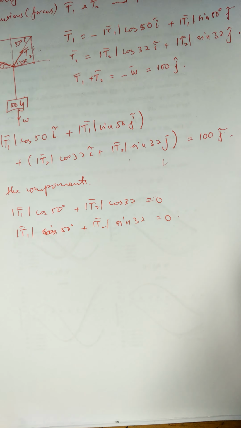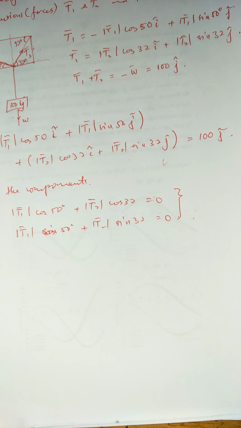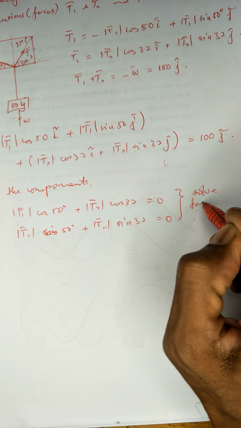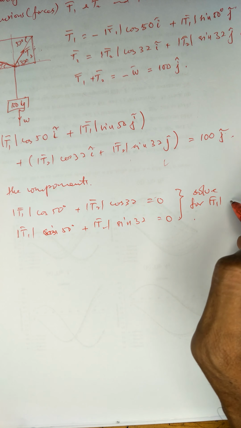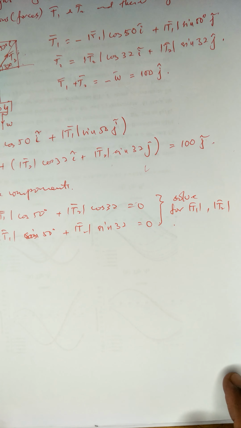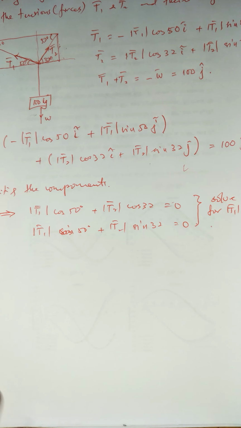So we need to solve these two equations for the magnitude of T1 and the magnitude of T2. You have two equations with two unknowns. Of course, you can solve this.